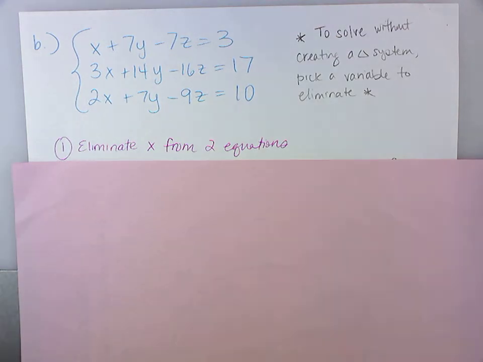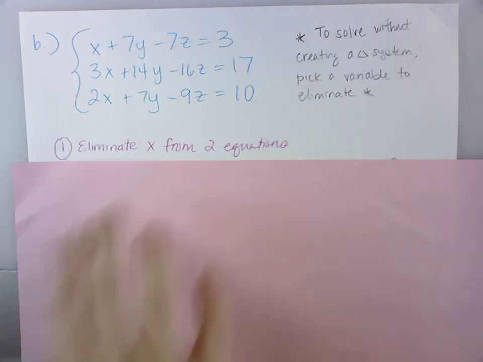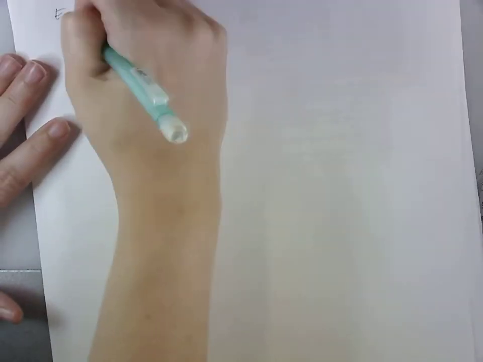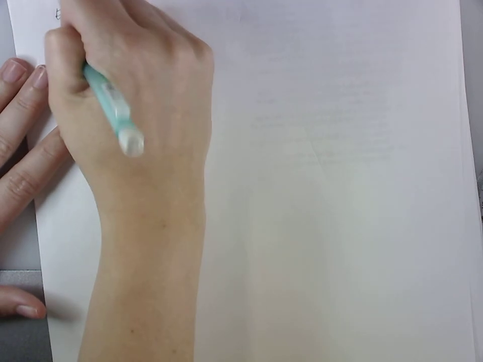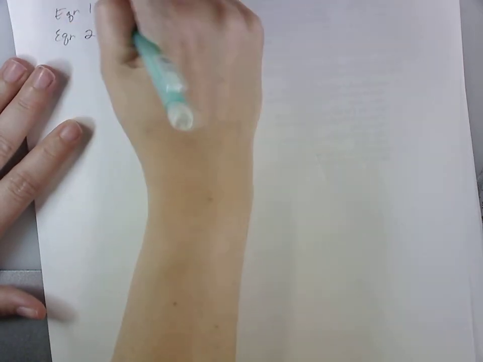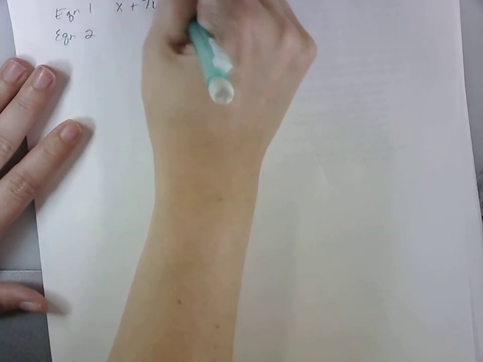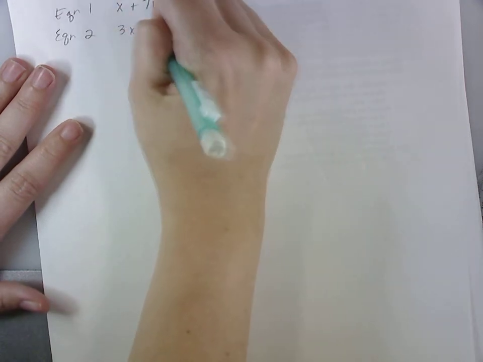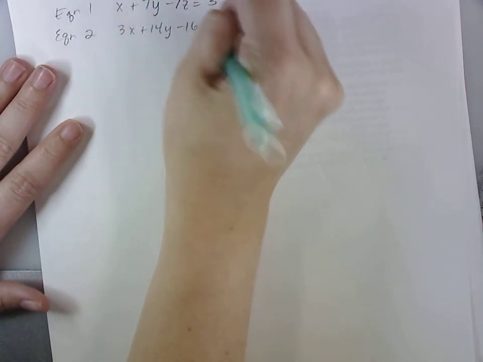Okay, so for B, you're going to eliminate x from 2 equations. So the 2 equations I chose were just 1 and 2, because I wanted to give you a systematic way to find it. So if you take equation 1 and 2, you have x plus 7y minus 7z equals 3, and then 3x plus 14y minus 16z equals 17.